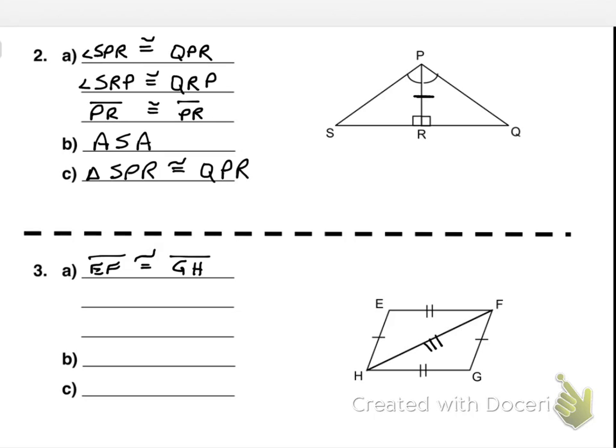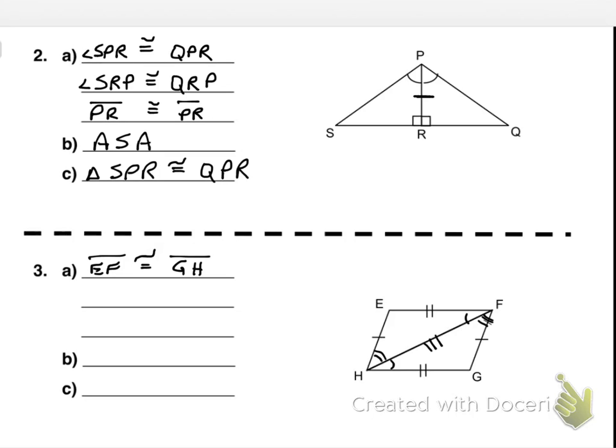The reason I wrote that is, again, we know we have alternate interior angles here. So we'd have this and this. So in terms of the way I write the line segments, it's because of those matching corresponding angles.